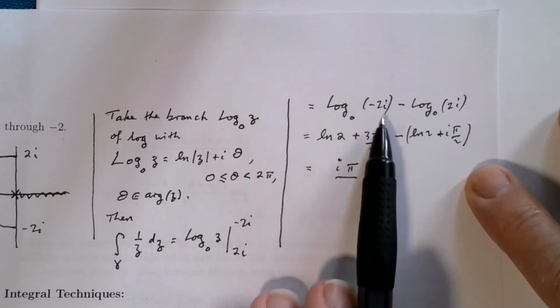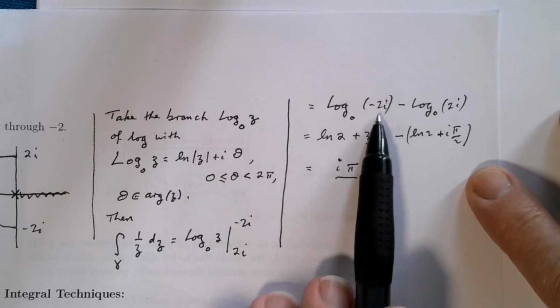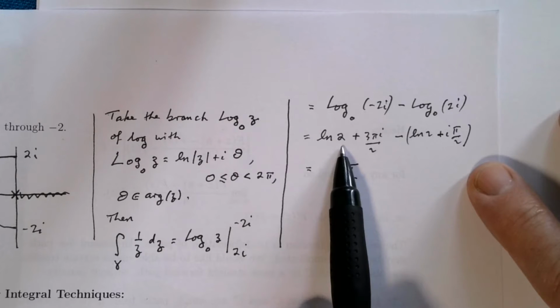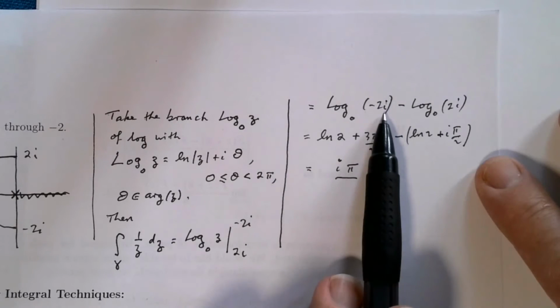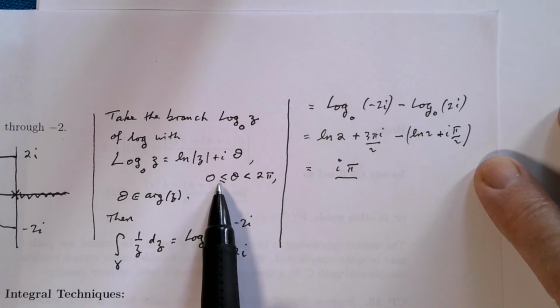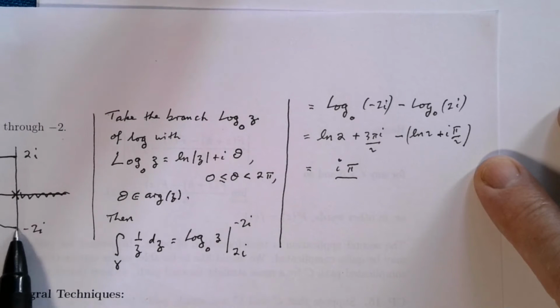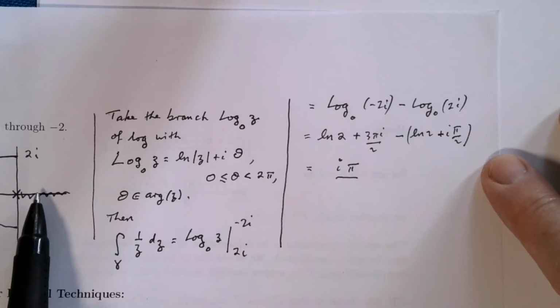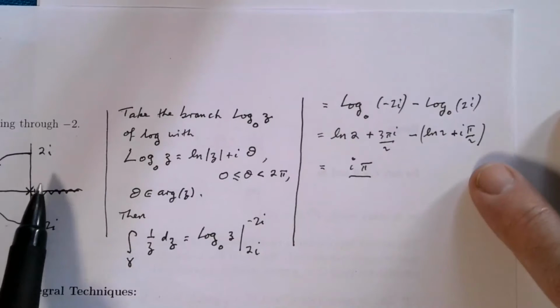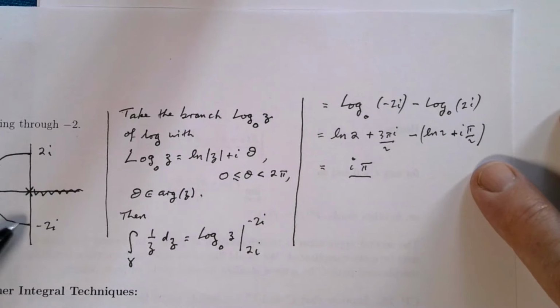Now to calculate this logarithm, we want ln of the modulus. The modulus is 2. Now the argument of this Log sub 0 is between 0 and 2 pi. So this complex number over here has an argument of 3 pi on 2, because we're going to measure the angles between 0 and 2 pi.